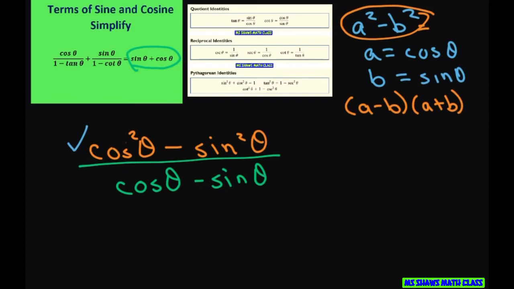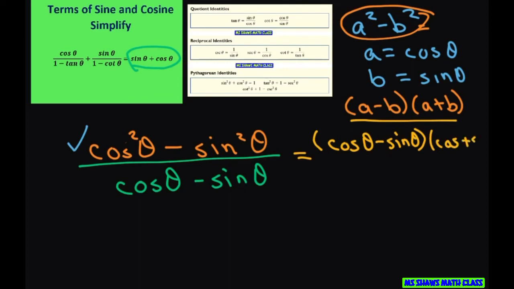So I'm going to write that and expand it. This is going to be cosine minus sine times cosine plus sine, divided by cosine theta minus sine theta.